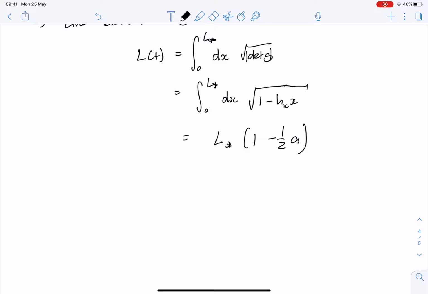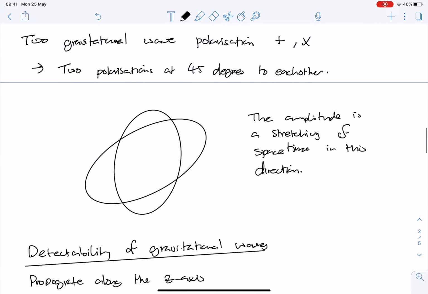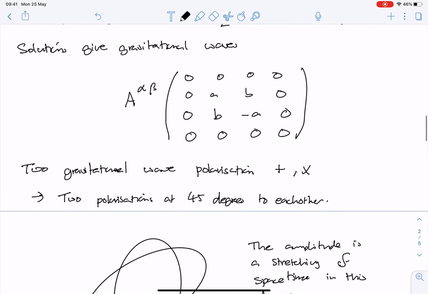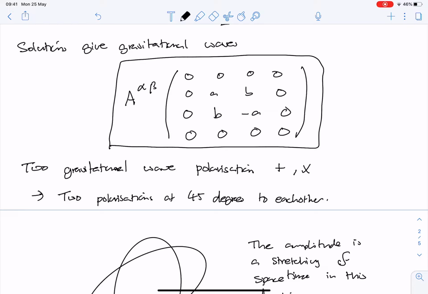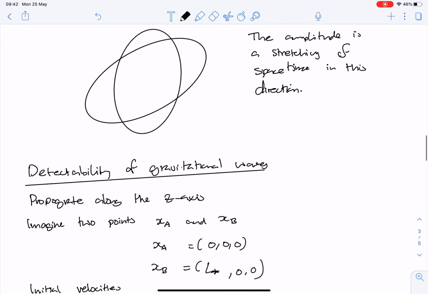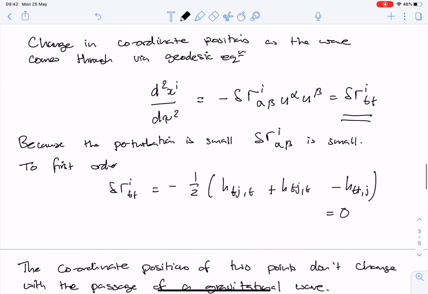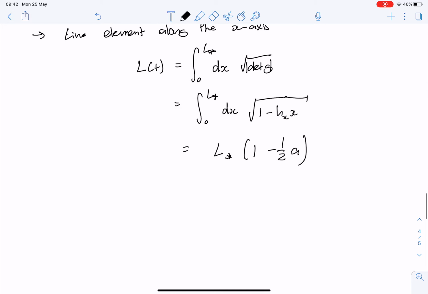And the reason this looks like this is because if I go back up here to where I've got my gravitational waves, this is what the gravitational waves look like, and here the A's are being used to define basically the amplitude for a wave propagating in Z, oscillating, or the change in the X direction.